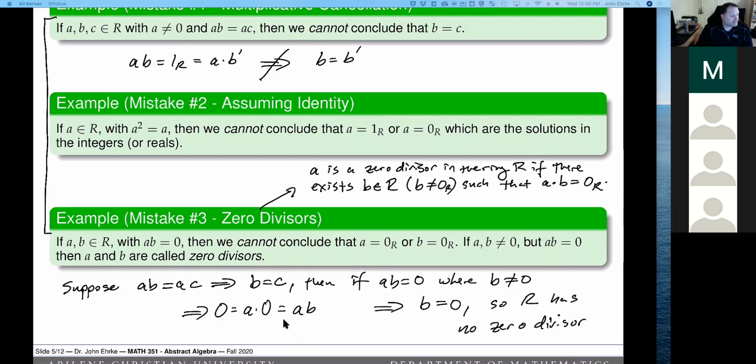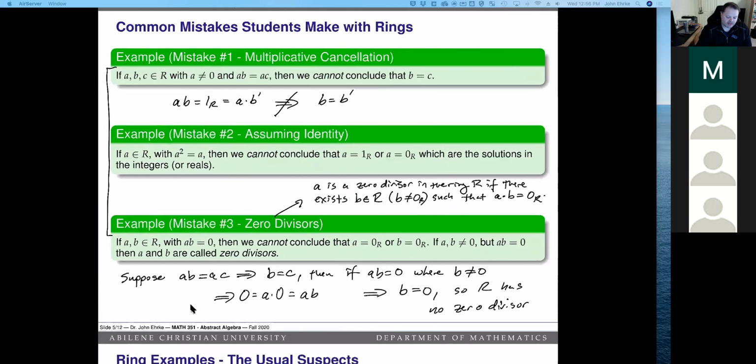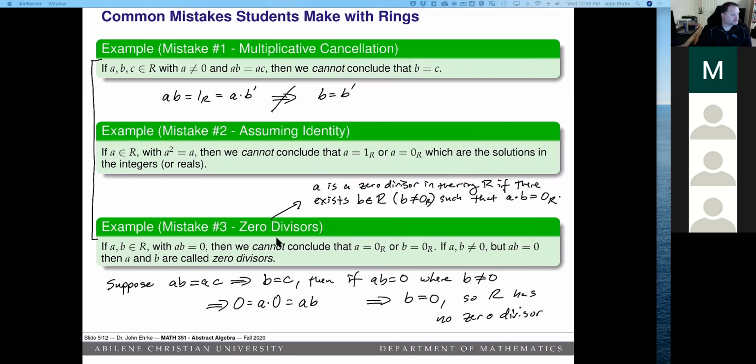That implies by cancellation, if you have the cancellation law, that B equals 0. So if you think you have a 0 divisor and you have cancellation, then you really don't have any 0 divisors because B would have to be 0 by cancellation. So it turns out that multiplicative cancellation and 0 divisors are linked.